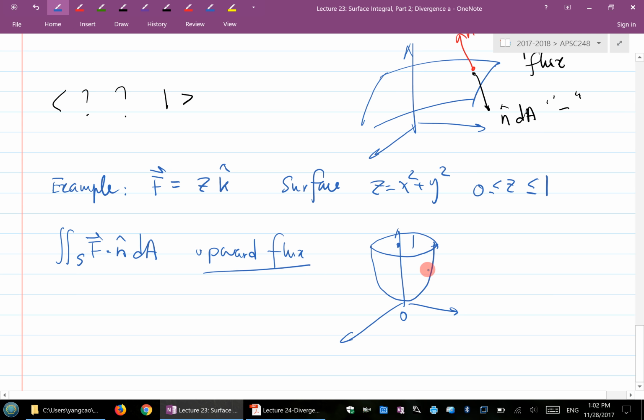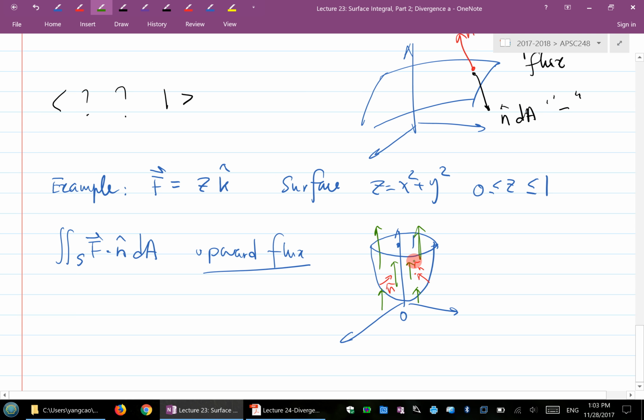Because we want upward flux, you can draw the upward flux, so this is your n hat. It's always pointing upwards, right? Second, you can visualize the vector field, because it's z k hat. So the vector field is always pointing upwards, like this.